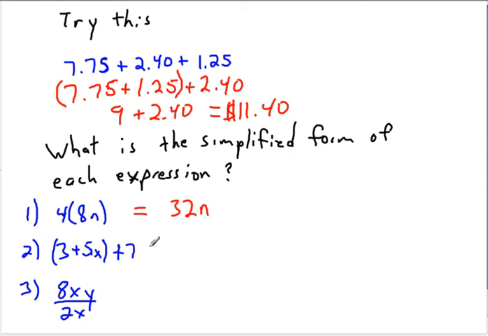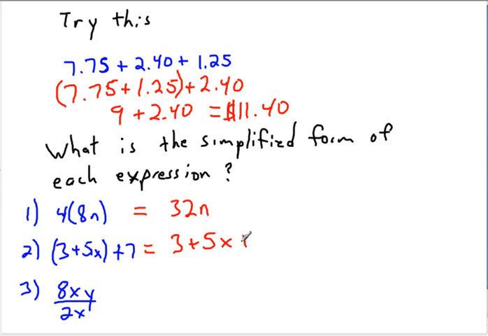For number 2, the associative property tells us that we can change those parentheses because we can't add 5x and 3 because they're not like terms. So we can't do anything there. But what we could do is we can change those parentheses. This is going to require a little extra work.